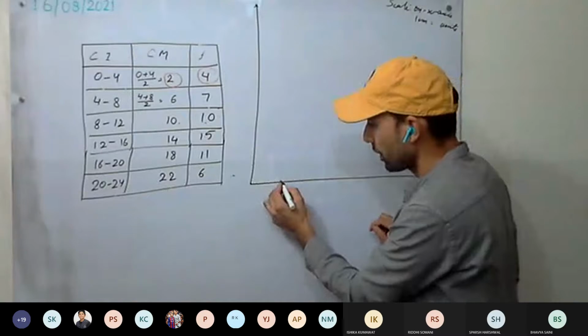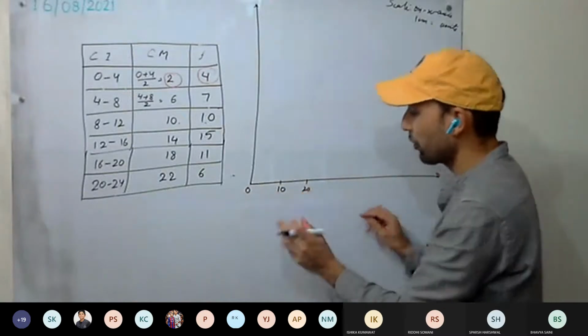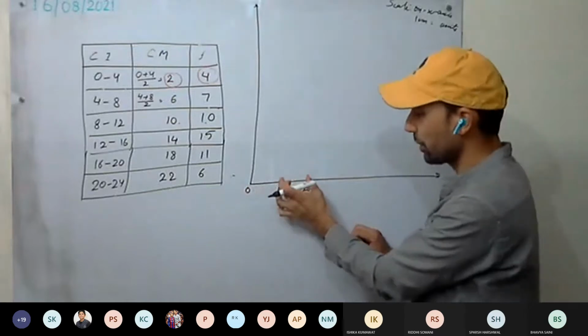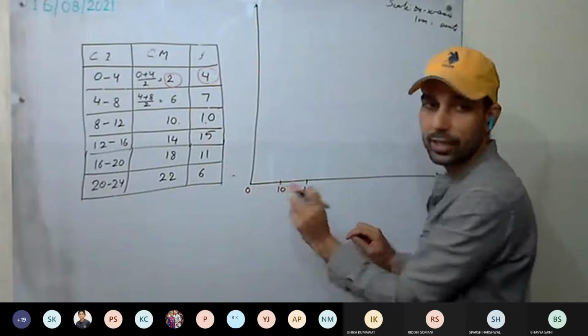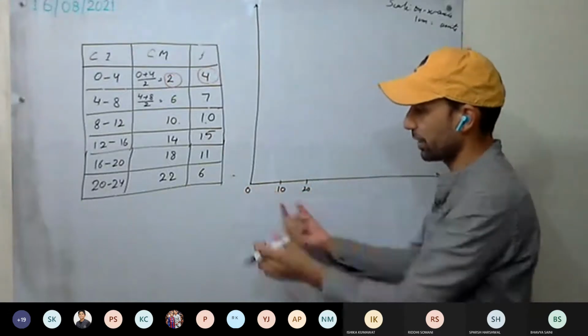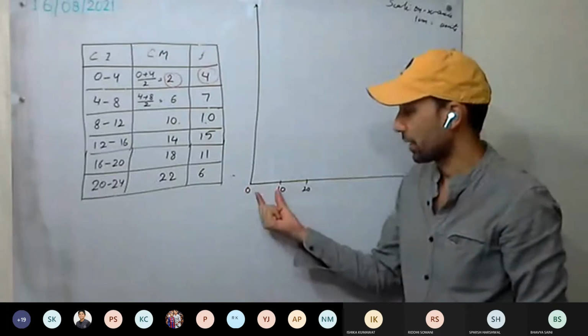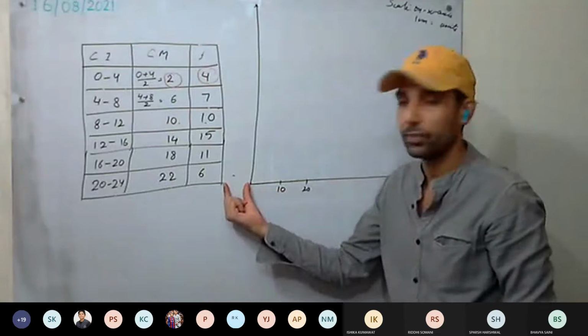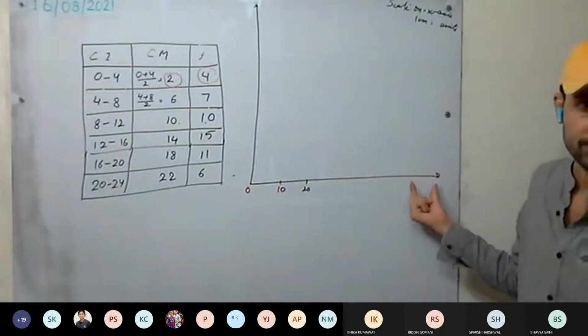So this is 0, 10, 20. Our histogram is going to start from here, but for the frequency polygon we require one more. So we always keep one here. One more class interval we will always take, just before that. If it starts from 0, on this side we'll take one class interval. At the last also we'll require one more class interval.